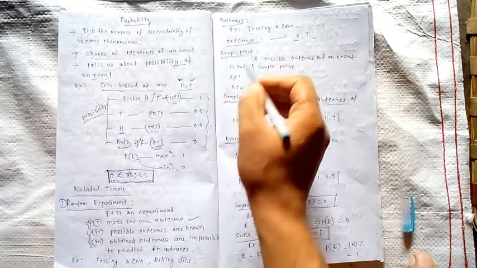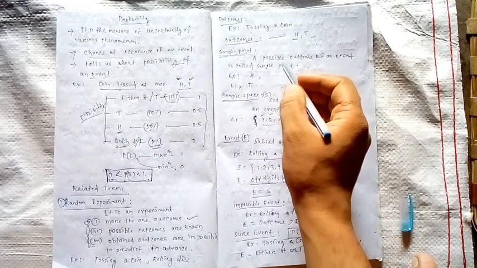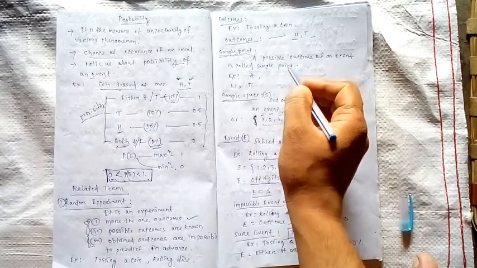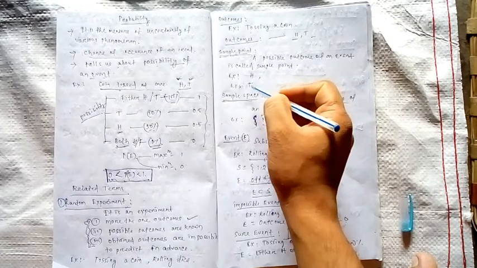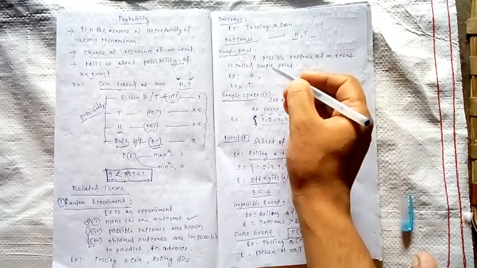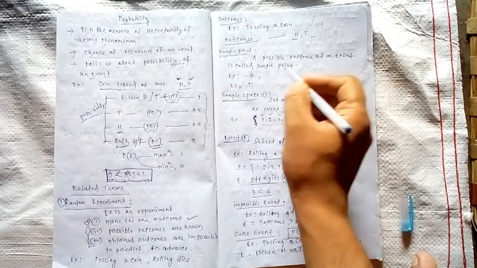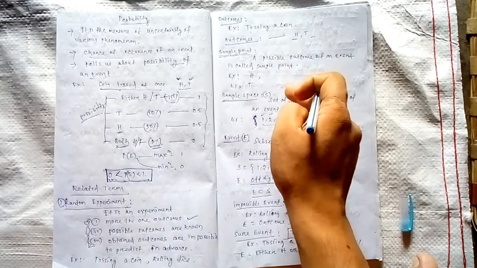Then sample point. A possible outcome of an event is called sample point. Head is also a sample point and tail is also a sample point. Every possible outcome of an event is called sample point.